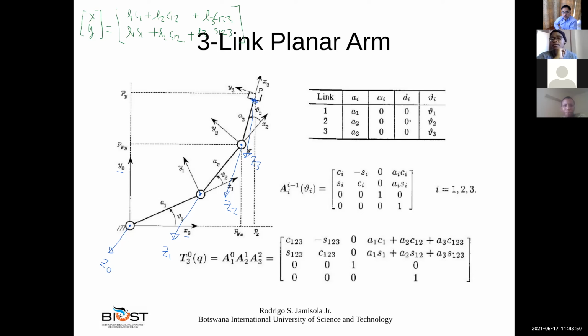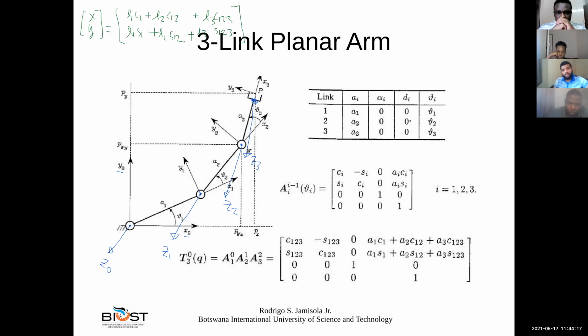I think the reason why it's there is because even though it's not a joint and we're not rotating it about its own axis, we're rotating it about the second frame, Z2. It's going to move in reference to Z2.